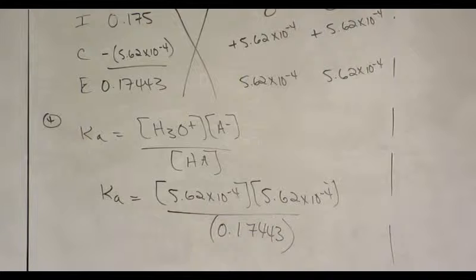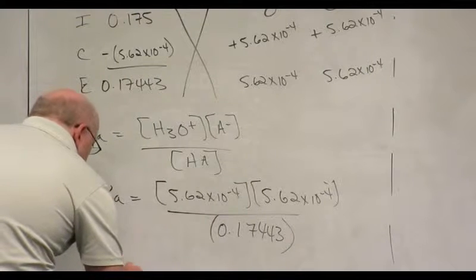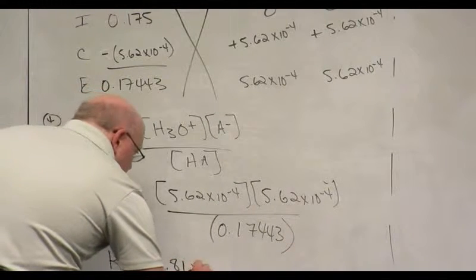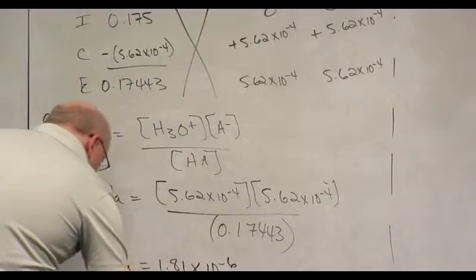I've placed in the numbers that we found. The Ka for this one is 1.81 times 10 to the minus 6.